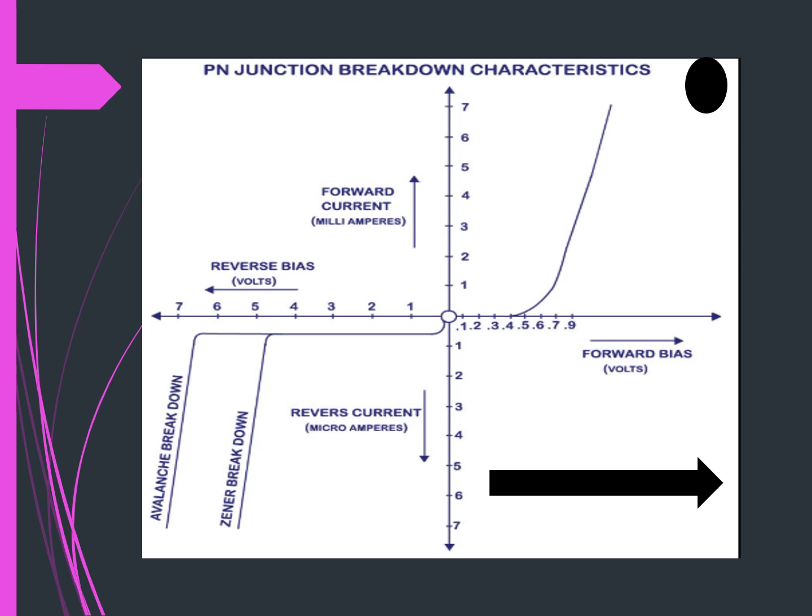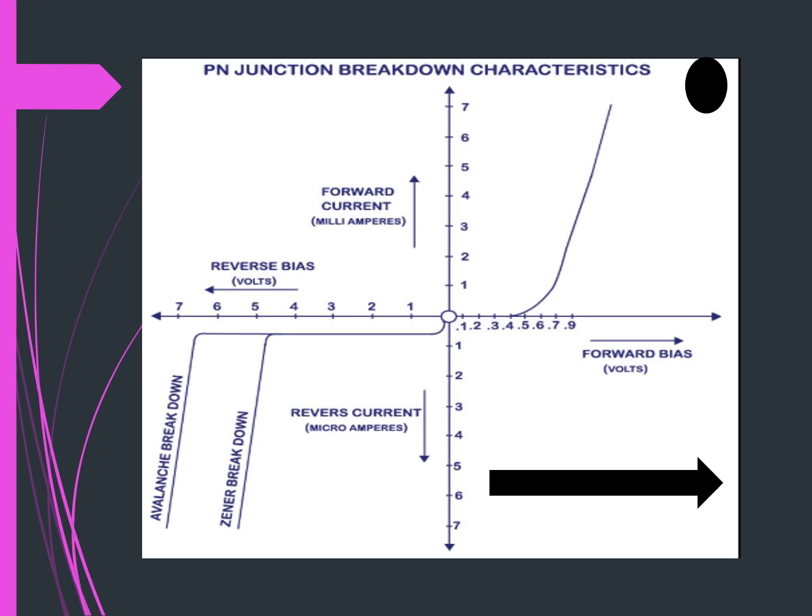So now we'll study the graph of the reverse bias. Now before studying the graph of the reverse bias, one thing you need to remember, whenever you're plotting a graph, for example for the forward biasing, you plot the forward current against the forward bias.